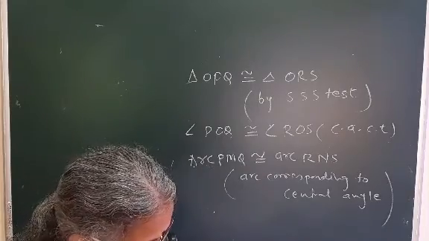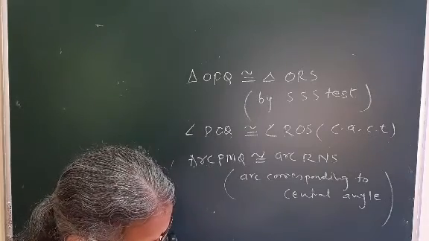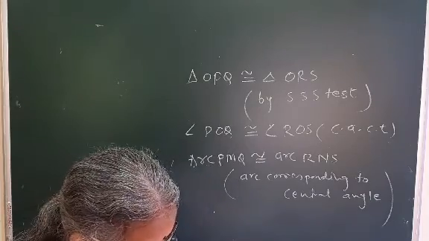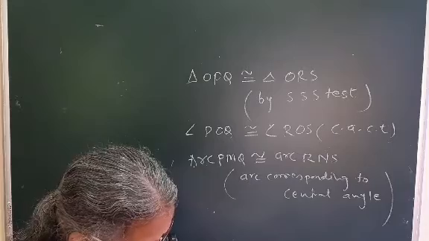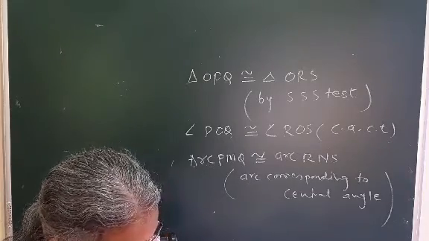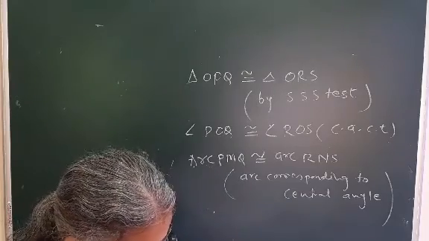Then if major arc BC is 110 and major arc AB is 125, find the measures of all remaining arcs. So major arc ABC will be 110 plus 125, arc addition property, 235. Major arc AC will be 360 minus 235, that is 125.